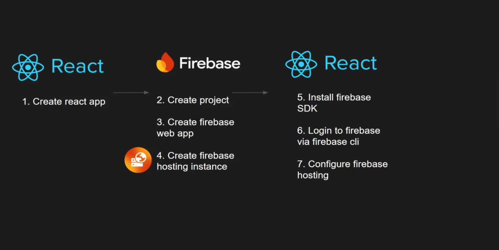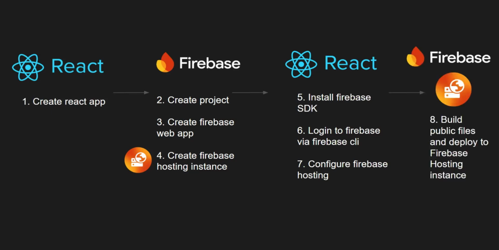Then we're going to install Firebase SDK, and we're going to log in to Firebase using our Google account via Firebase CLI. And then we're going to configure the hosting requirements in our React project.